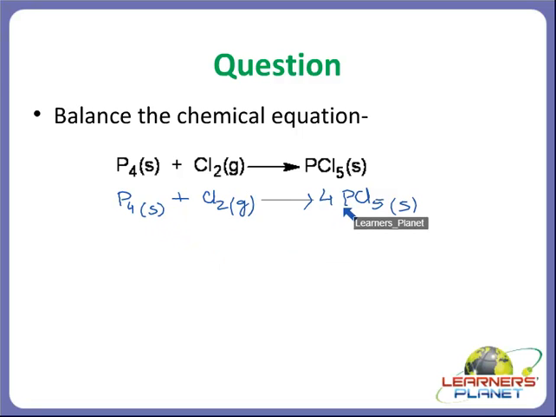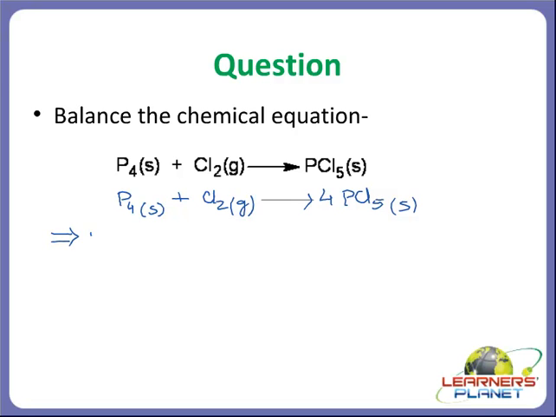Now check phosphorus again. It's 4 on LHS, 4 on RHS. Now what about chlorine? Chlorine is 2 here and it is 4 multiplied by 5, that is 20. Now how can I make 20 chlorine on LHS? By putting a coefficient 10 here, right?